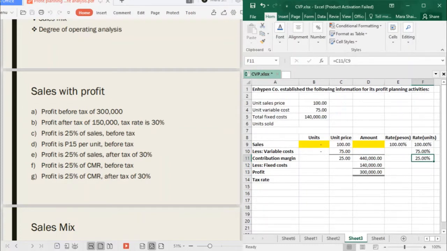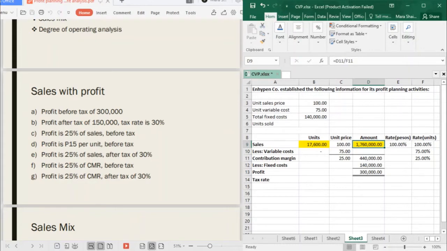Now, you know that again, it's the same. So, in getting the sales, you can go directly: your contribution margin divided by your CMR. So, therefore, you have a sales of 1,760,000. So, that's how easy it is to get your sales.